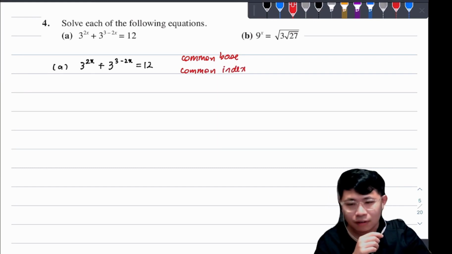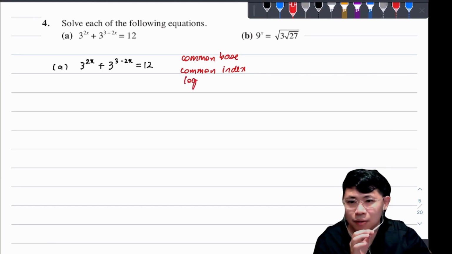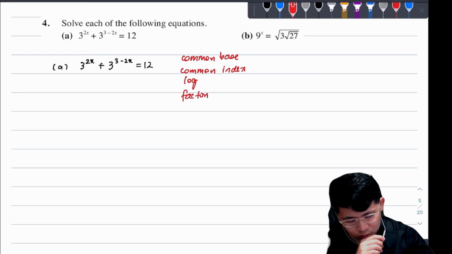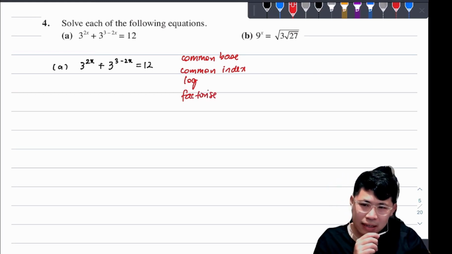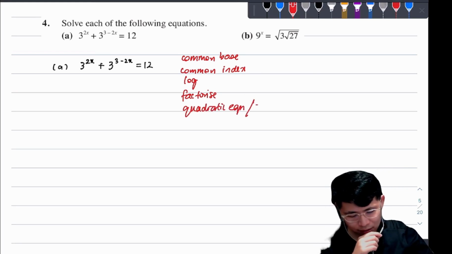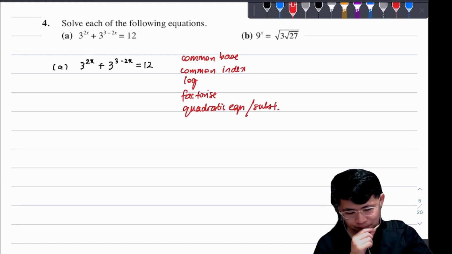Then there's also logarithms, but the problem is this one is a plus, and we can't do much with plus. Do we have anything to factorize? Not so much. So the last case would be that this is a quadratic equation, and we will need to make use of a suitable substitution to do this.